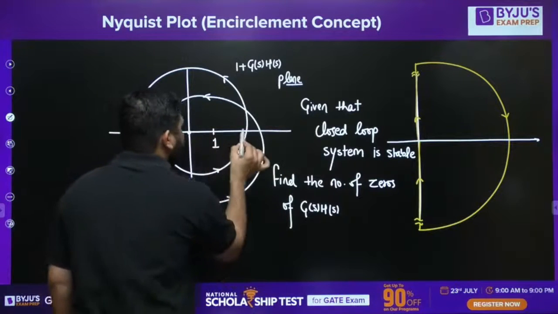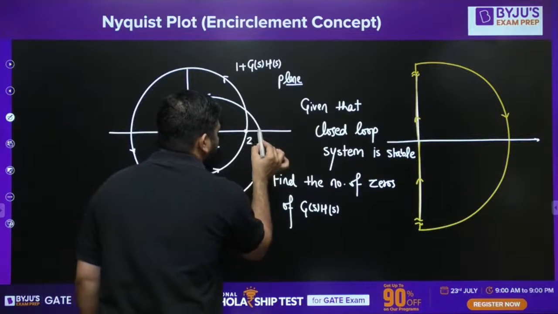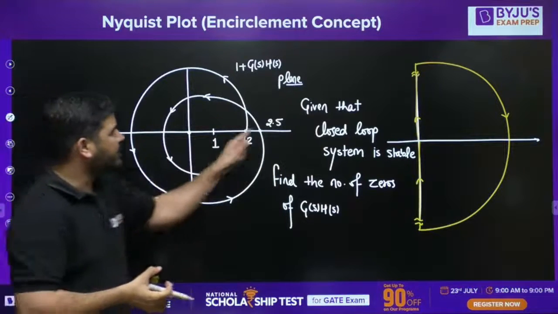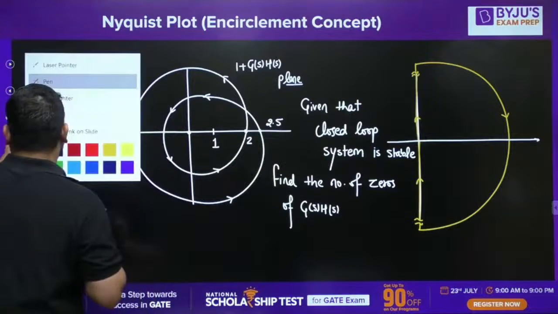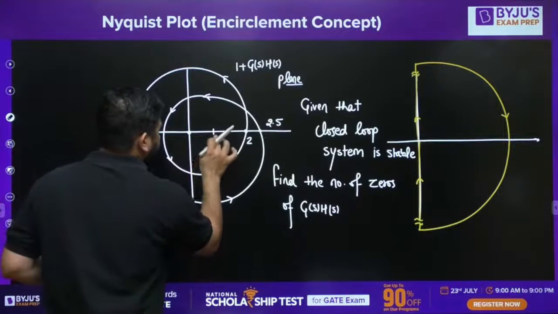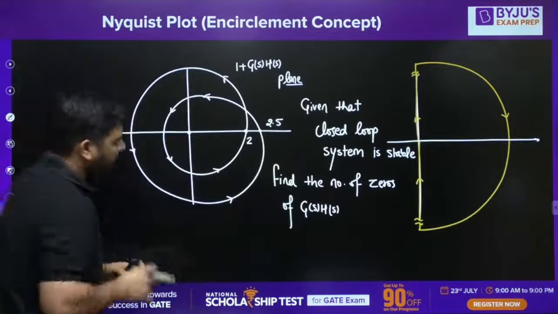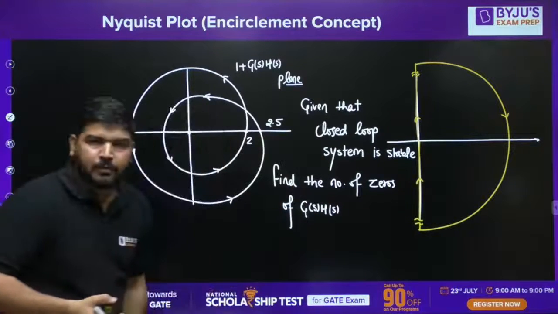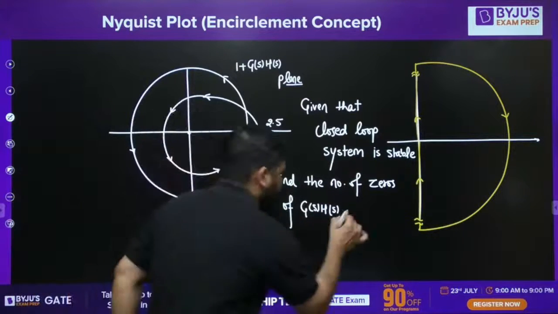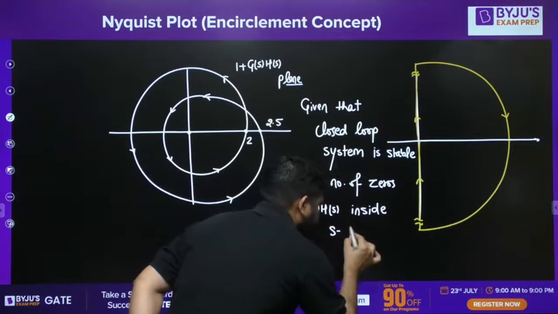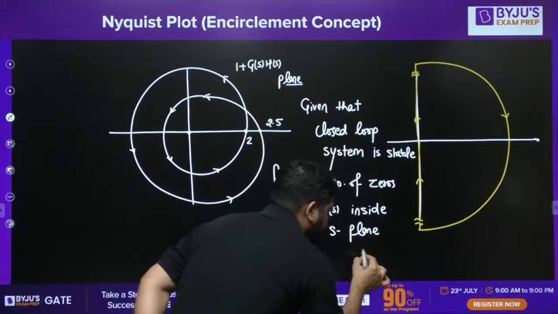Okay, this is 0, this is 1, this is 2, and this is 2.5. Actually, I should not tell you this point because it is not required. So find the number of zeros of G(s)H(s) inside the S-plane contour.